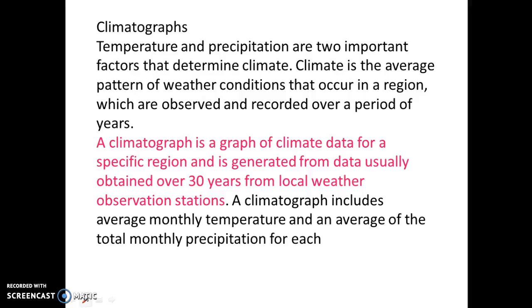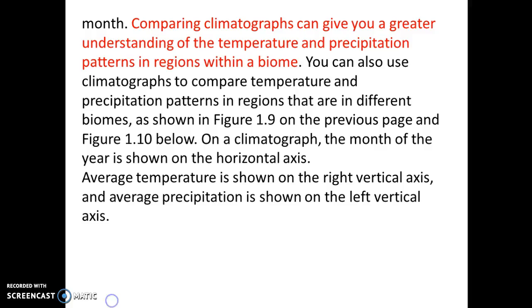So that's important to understand that this data didn't just get here after a year's time. It's been, over a long period of time, that they've accumulated the data in order to create the average to get a good snapshot of the biome's characteristics.